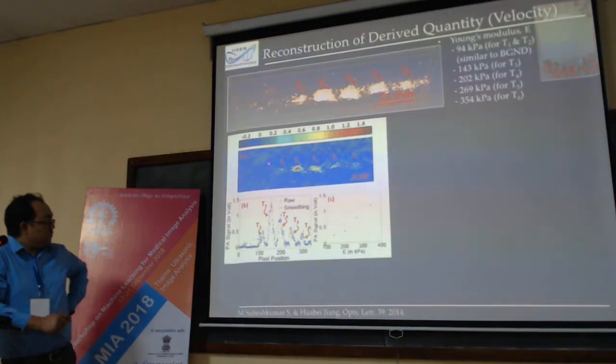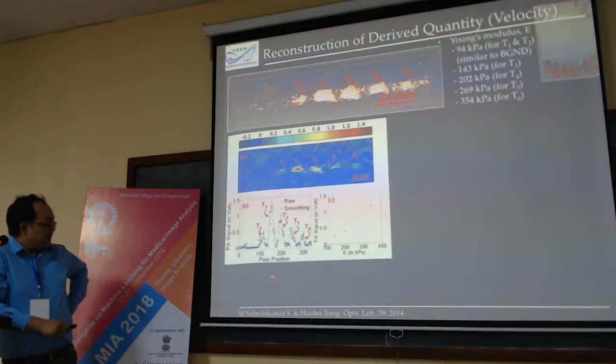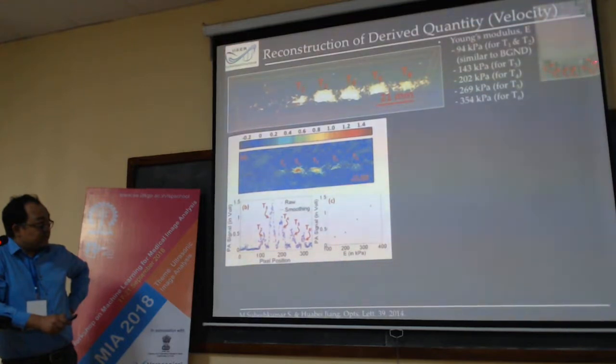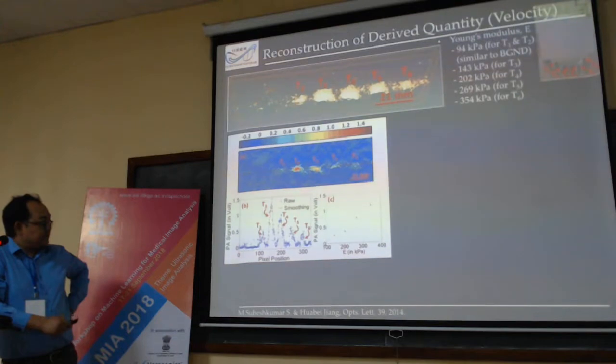For this, we have a target where there is no contrast in absorption. Then there are variations in the elastic property of the samples that we embedded in the system over here. Different targets with different contrast in the elastic coefficients are reflected over here.